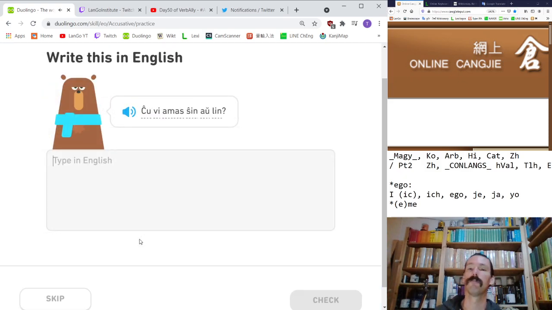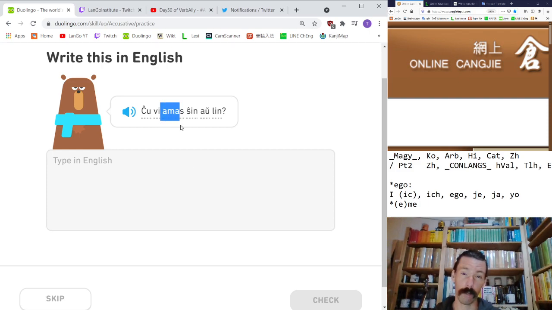Ĉu vi amas ŝin aŭ lin? Ĉu for a yes-no question. It also has another meaning, which escapes me, but we learned yesterday, last time. Vi, I think, is you plural, which is confusing. I think of we, but it's not that one. Do you plural amas love?